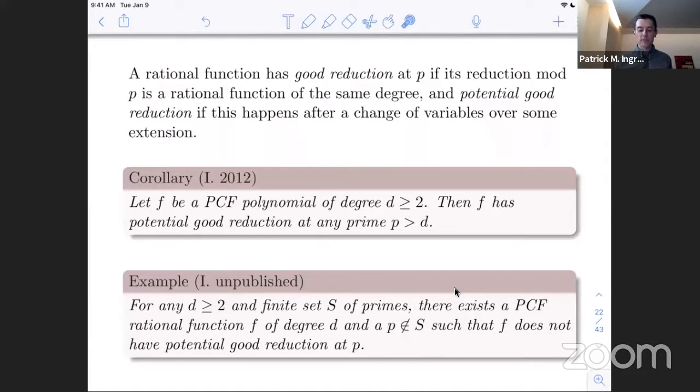So you can reduce it mod P and you get a rational function of the same degree. And potential good reduction means, okay, maybe you don't have good reduction, but you can do a change of variables, maybe over some finite extension, which gives you good reduction. So you can think of it as well as this extending to an endomorphism of schemes from P1 on the generic fiber to P1 over the local ring you're talking about.